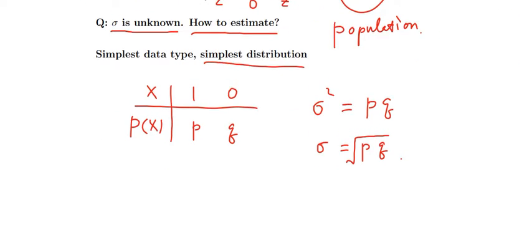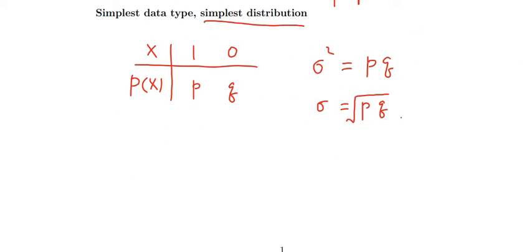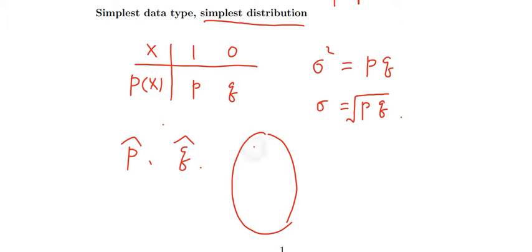Once we have a sample, we can have p hat and q hat. This population is a 1-0 population: some people say yes, some people say no.